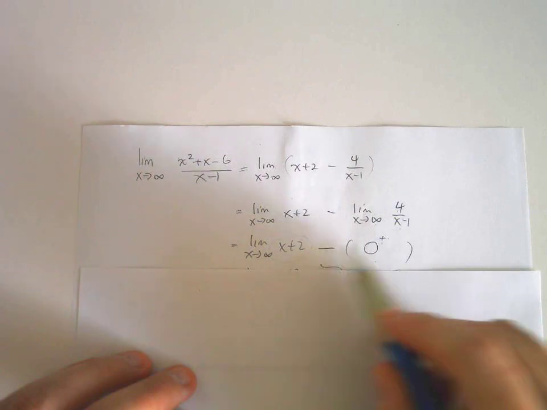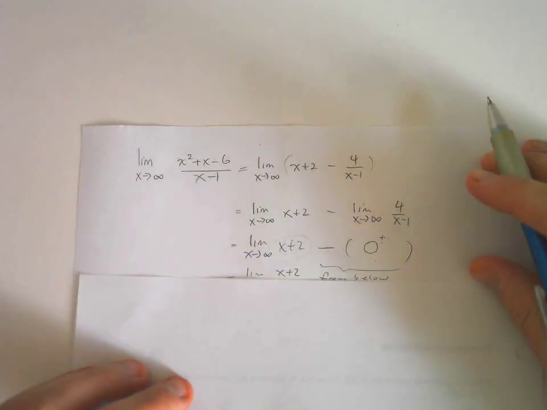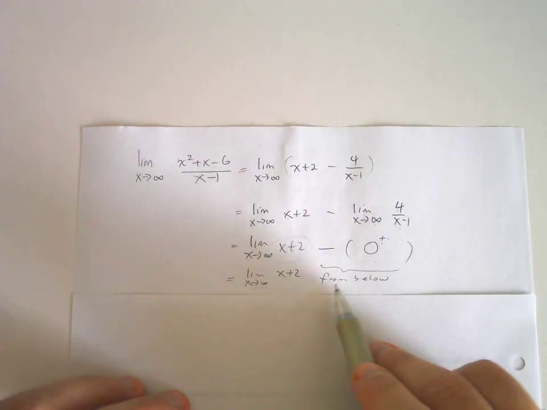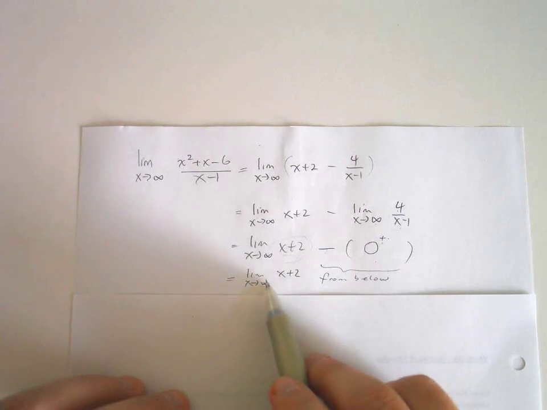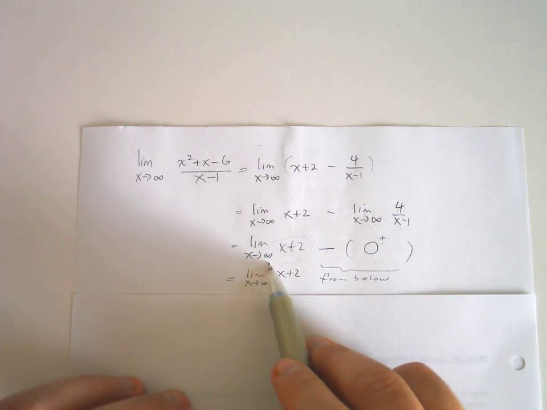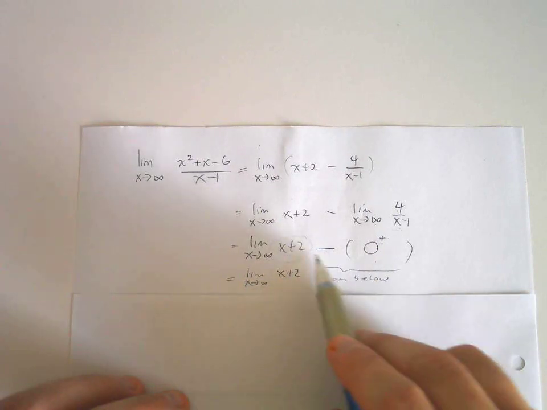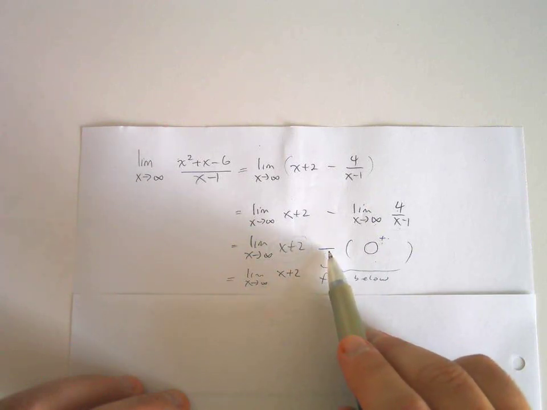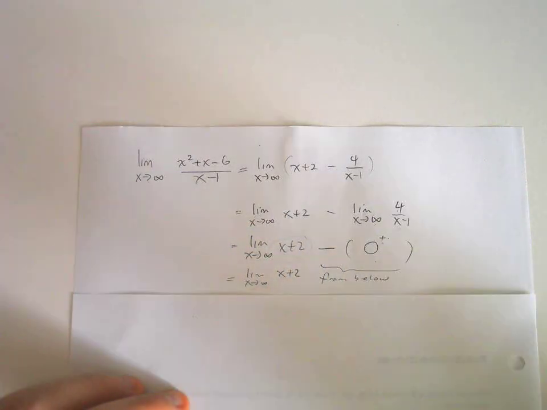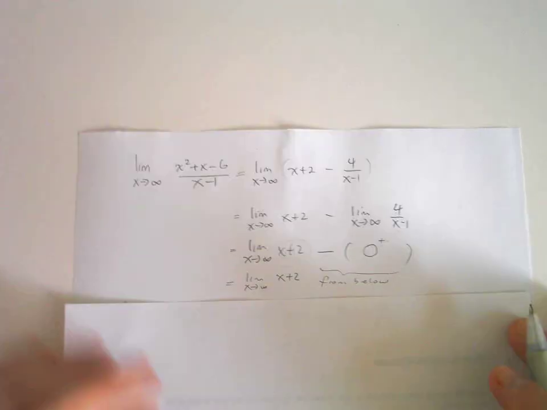And because we're subtracting something, that means we're a little bit less than x plus 2, which means we should be approaching this from below if we're trying to graph this. So I know as x approaches infinity, my function is going to start tending towards this oblique asymptote, but it's going to be at it from under, because it overall is going to start looking like x plus 2, but I'm subtracting a tiny positive number. So I should be a little bit less than it.